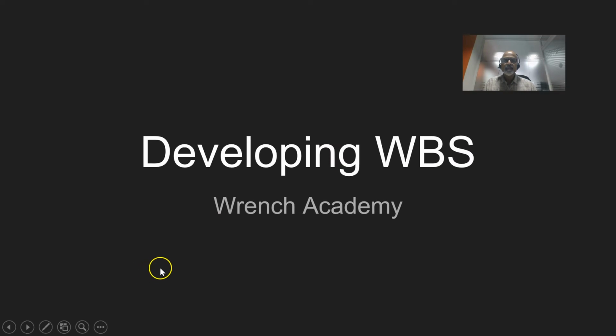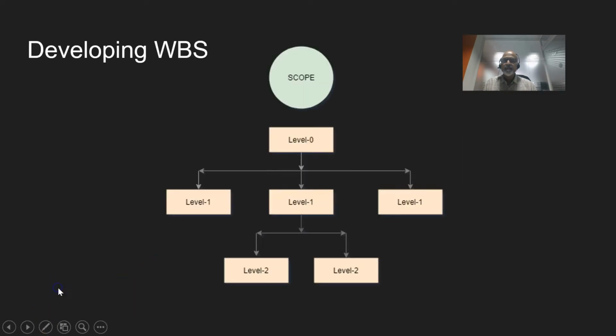In this video, I'll take you through the steps to create a complete work breakdown structure which will become the basis for all further planning. When we get into the project, we get the scope of the project, and that we decompose into a work breakdown structure.